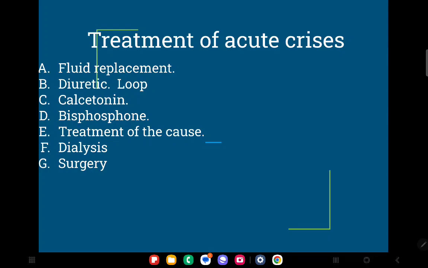And you have to give calcitonin, which reverses the action of parathormone. You can give chemical treatment by bisphosphonate, and you can treat the cause by surgery, or you can reduce the level of calcium by doing dialysis.